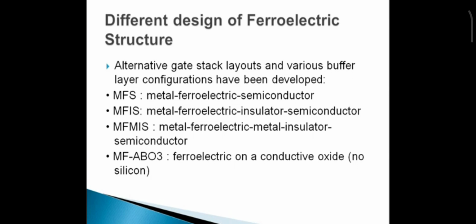Another structure is the metal ferroelectric insulator semiconductor, MFIS, field effect transistor structure. Third one is the metal ferroelectric metal insulator semiconductor field effect transistor. And the last one is MFABO3, that is, ferroelectric on a conductive oxide. This means no silicon is used.